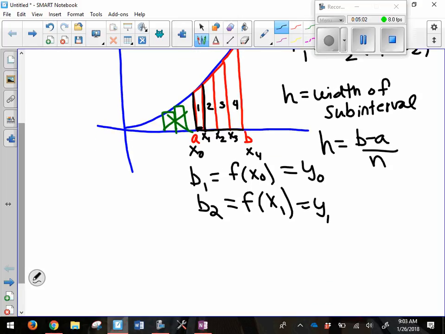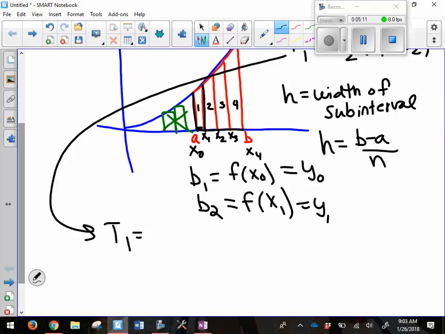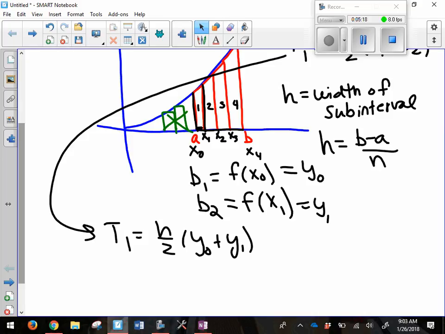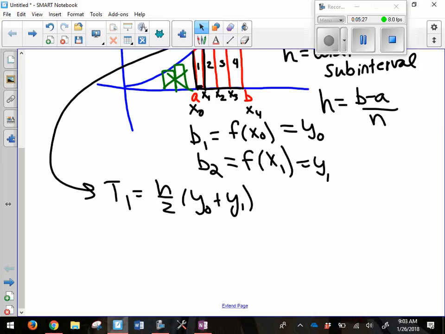See what we're doing here. Which means that I can rewrite my formula for T1 as h over 2 times y0 plus y1. Yes? We good? We got it? Okay. So if that's what T1 is, what's T2 going to be for my second trapezoid up here?